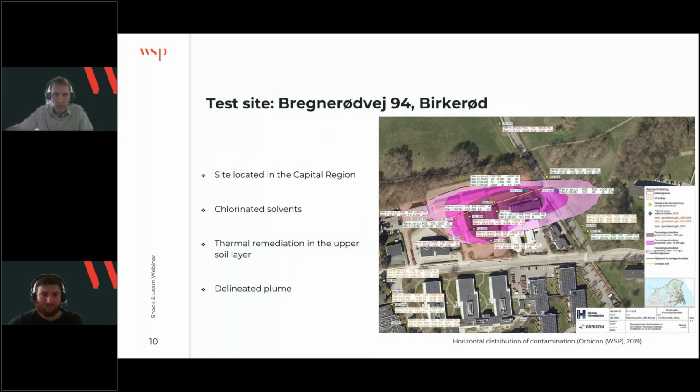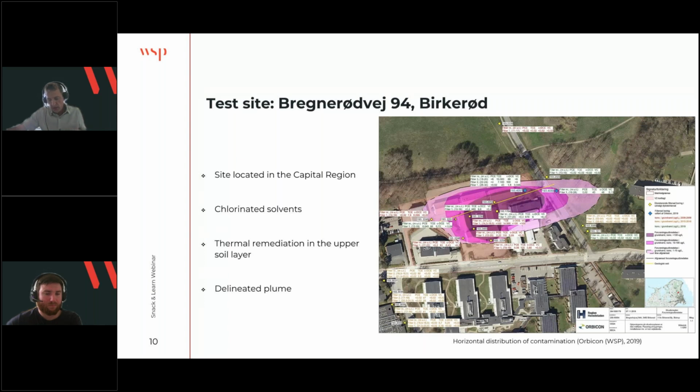The test site is in the city Birkerød in the capital region, and the pollution is with the chlorinated solvents. There was previously a metal factory on this property, and chlorinated solvents, trichloroethylene, was used for degreasing metal objects, and there's a heavy contamination.